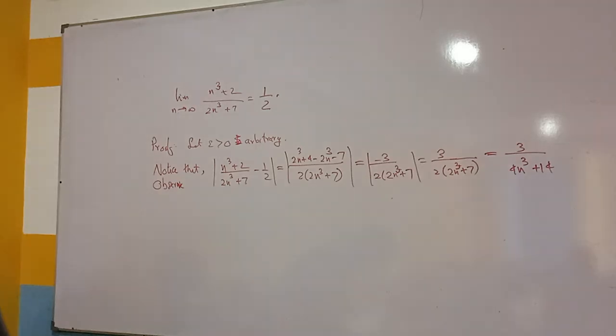Now what? We need to do rough work to get some value of n such that this value is less than or equal to epsilon. Can you do it on the board or on your piece of paper? Try. Did you learn anything today?